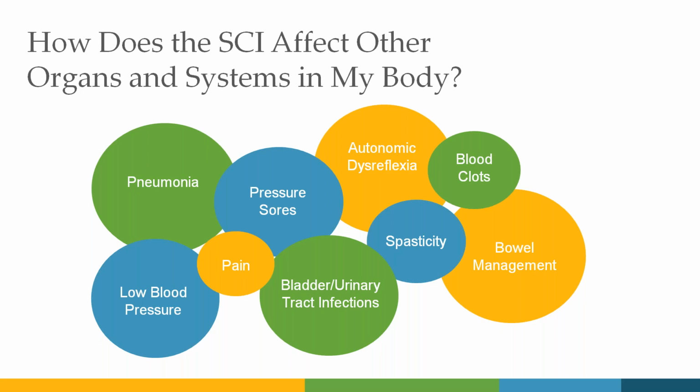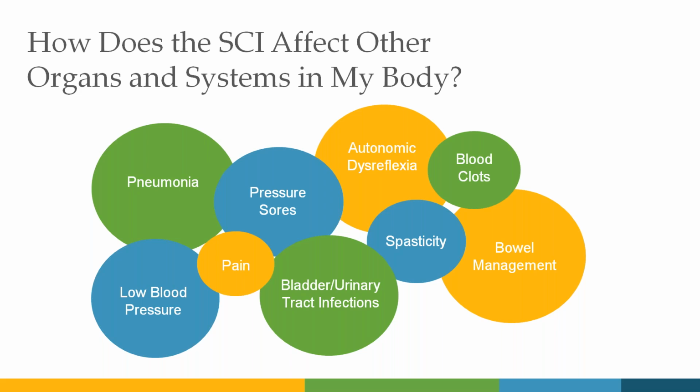From a pneumonia standpoint, if you have a cervical level injury, a lot of your breathing muscles could be affected. Pneumonia happens when we get bacteria in the lungs, and that bacteria are going to basically start to take over if there's an environment that is acceptable to them, right? Well, how do you get an environment in the lungs that that bacteria love to be in? It's not clearing out your airways well.